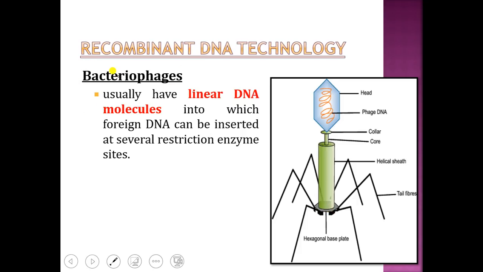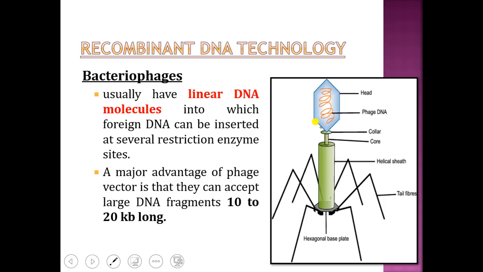It has a linear DNA in which foreign DNA can be inserted at several sites using restriction endonuclease enzyme. The advantage of using bacteriophage as a vector is that we can introduce a slightly larger DNA fragment, around 10 to 20 kilobase long.